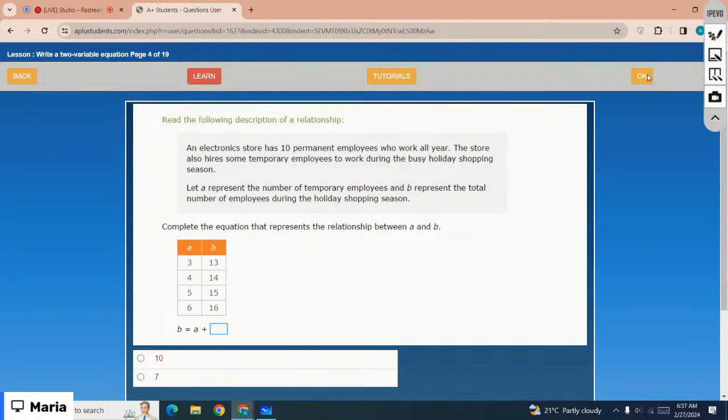The correct option is you need to add 10, right? Option number 1 is the correct option.